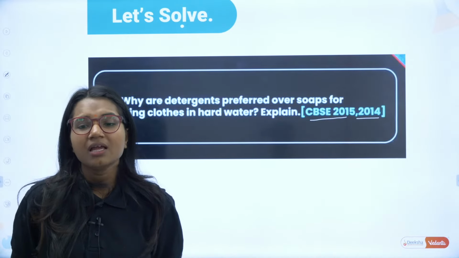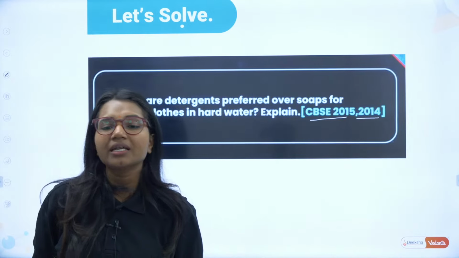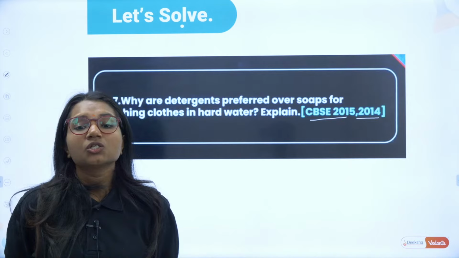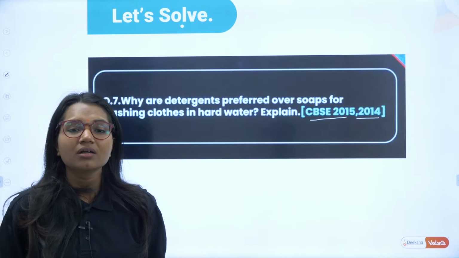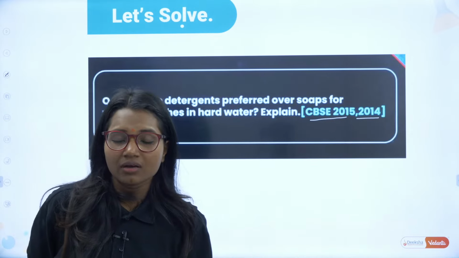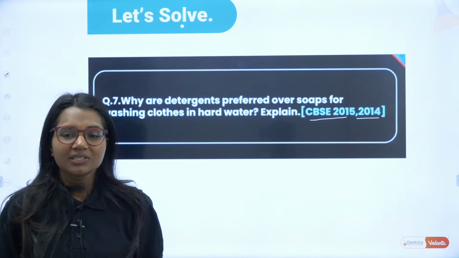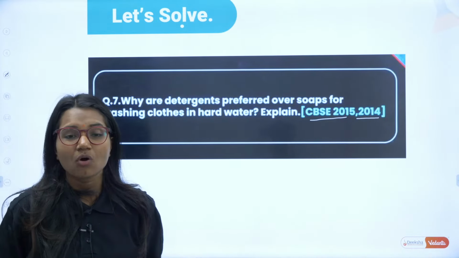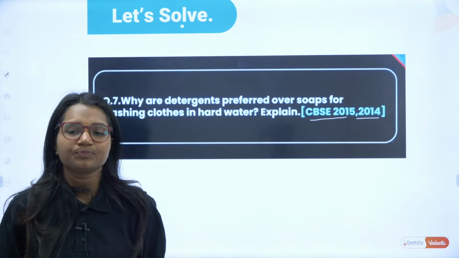The normal water which comes in our houses from the taps doesn't contain that much salt, but sea water is very salty. That water is called hard water. In hard water, soap doesn't work, and we have to use harsh detergents. Can you tell me why this happens? Why are detergents preferred there over soaps?